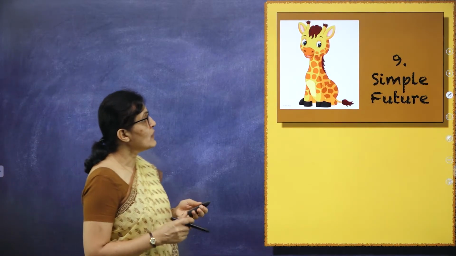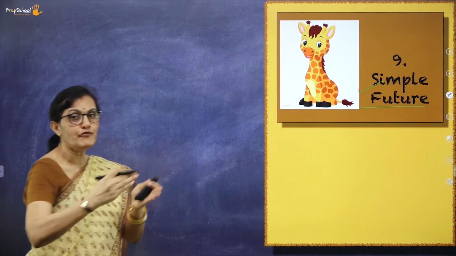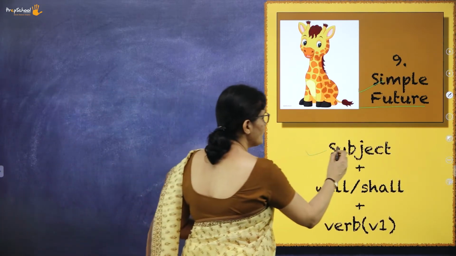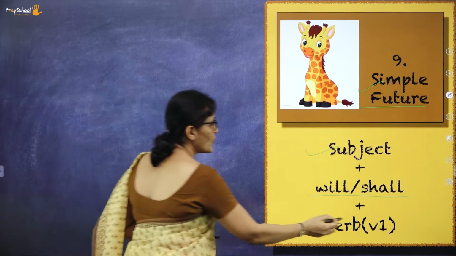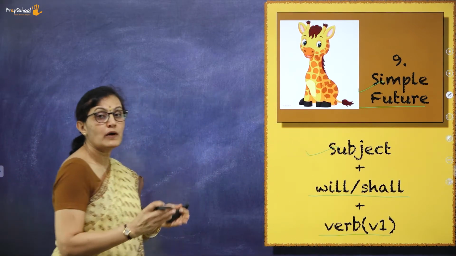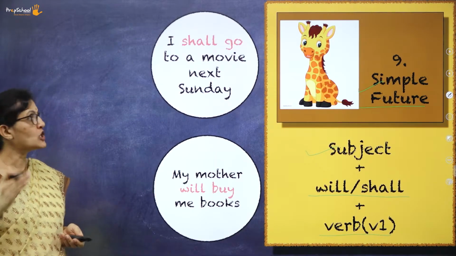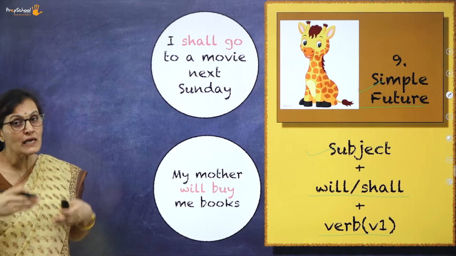Let's look at it. First one being simple future tense. So the subject will come followed by will, shall, and the V1 verb form, the verb 1 form. So look at the example here. I shall go to the movie the next day.